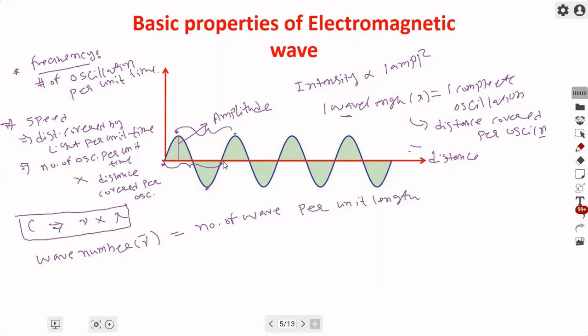So if up to this distance is 1 unit, then what is the wave number? It's 1, as only one wave is present here.